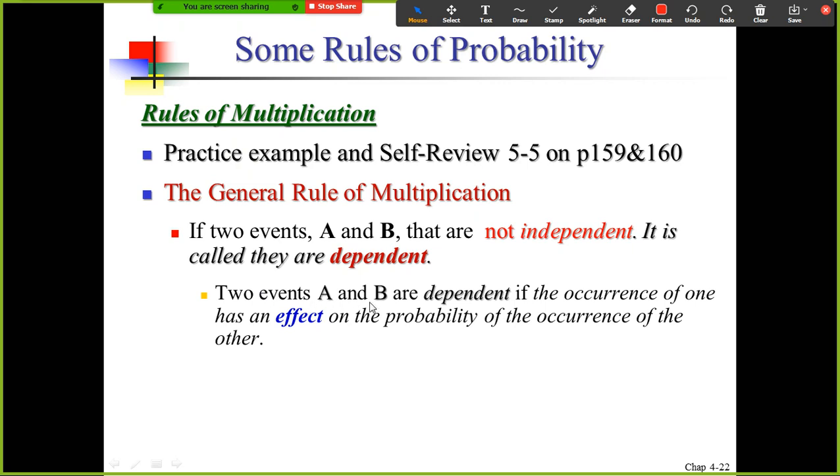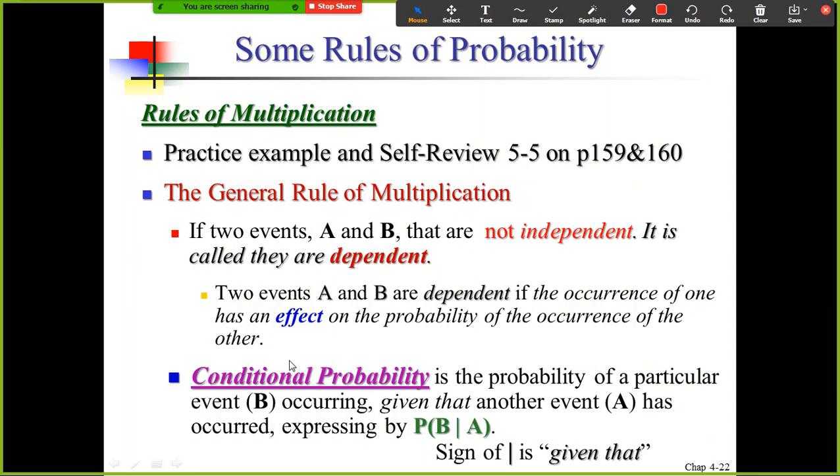Two events A and B are dependent if the occurrence of one event has an effect on the probability of the occurrence of the other. That means the probability of the first event will have an effect on the probability of the second one. That's why these two events are dependent events. So when we're talking about the general rule of multiplication, you have two events that are dependent events.